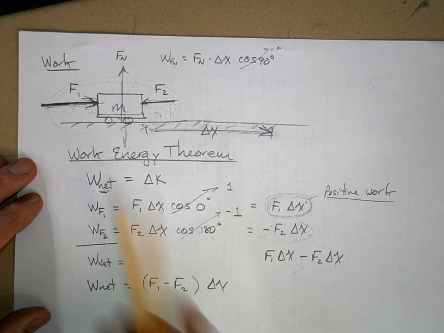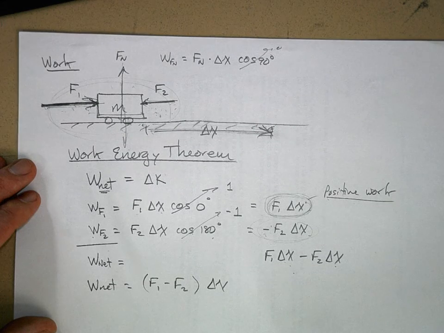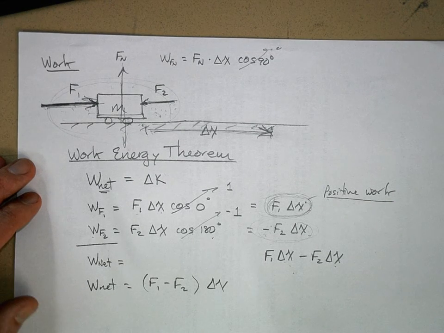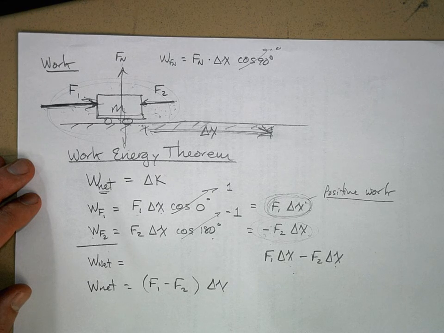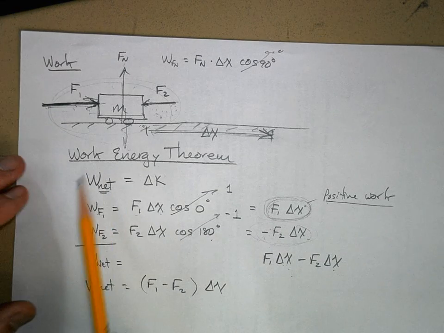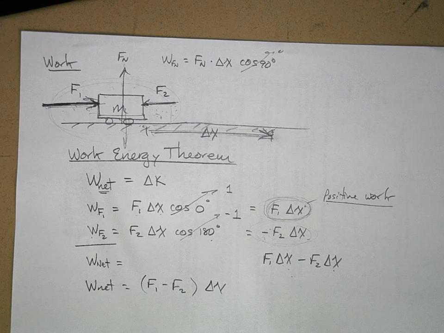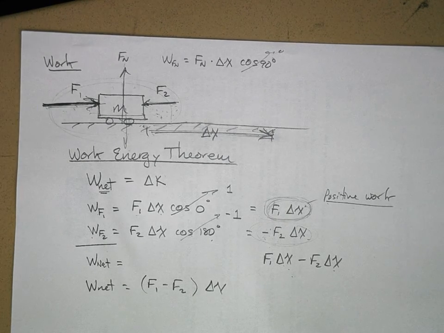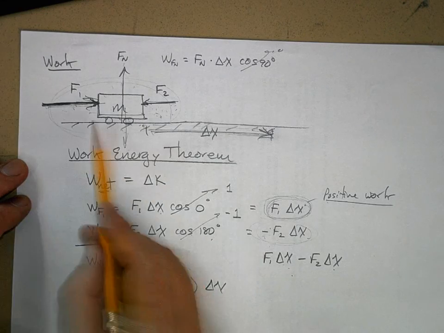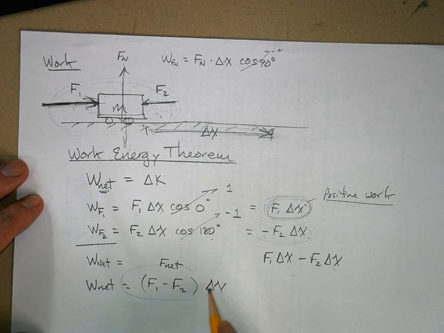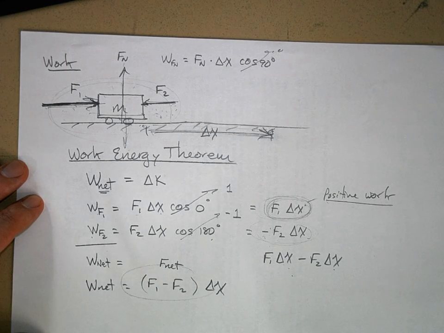What is F1 minus F2? What kind of force is that? Well, what do I get when I add up all the forces in a particular direction on here? We get the net force, don't we? Yeah, this is the net force in the x direction anyway. So this is the net force times delta x. That's the net work done.